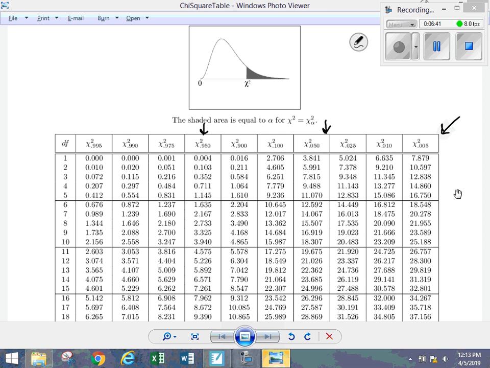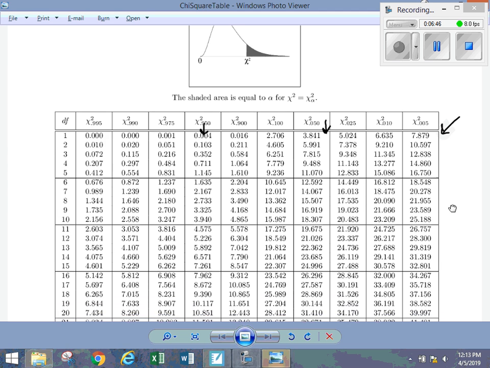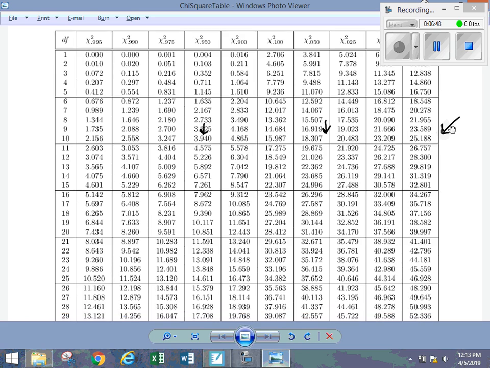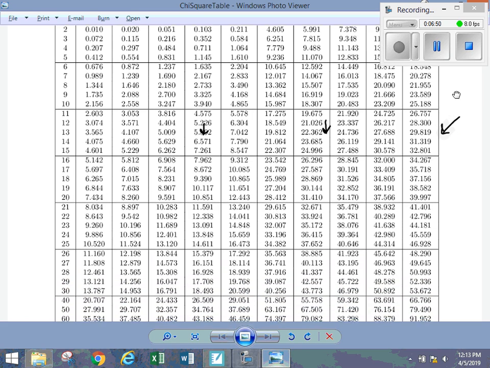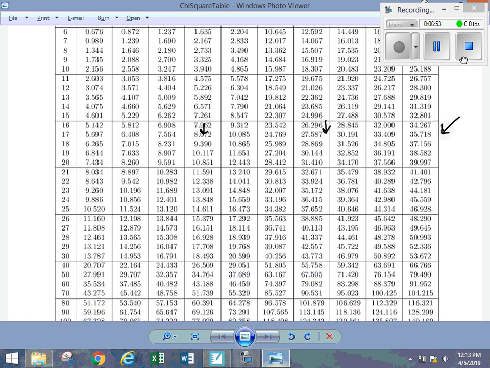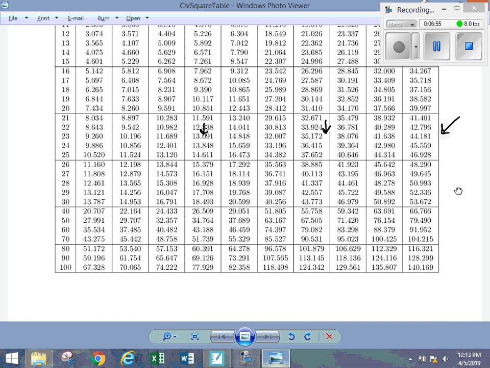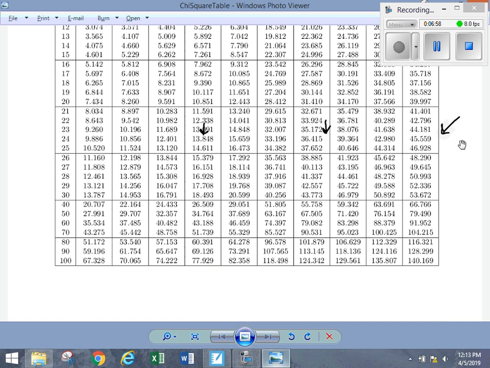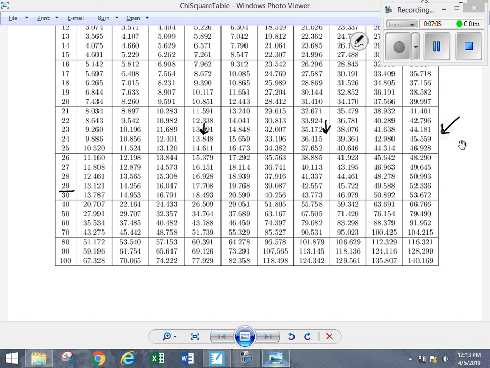The degrees of freedom that we had was 29. So we go to 29 degrees of freedom. Then we get a critical value of 17.708 and a critical value of 42.557.